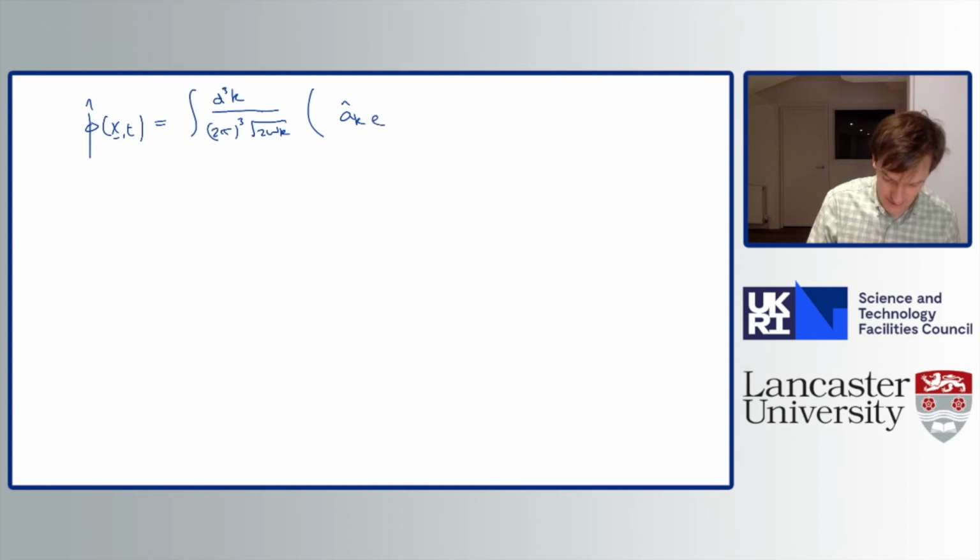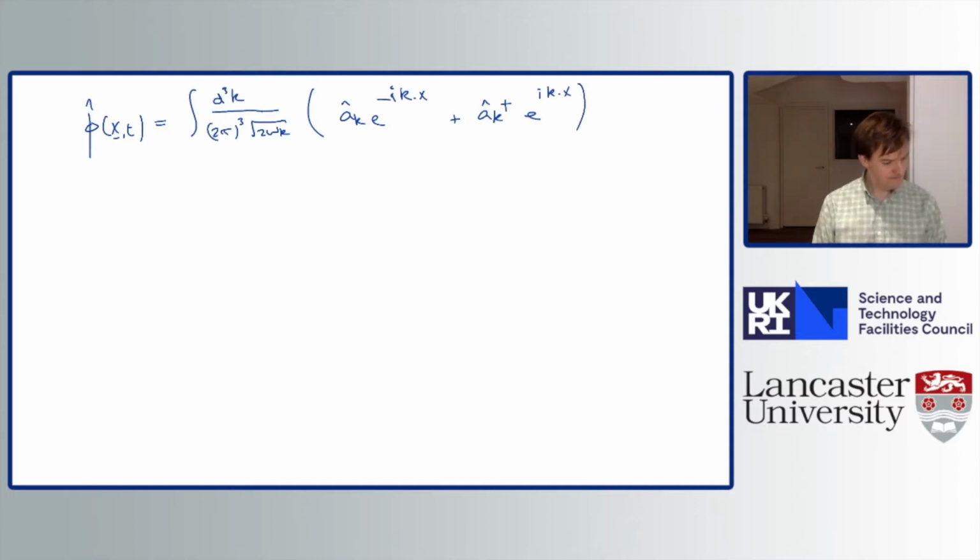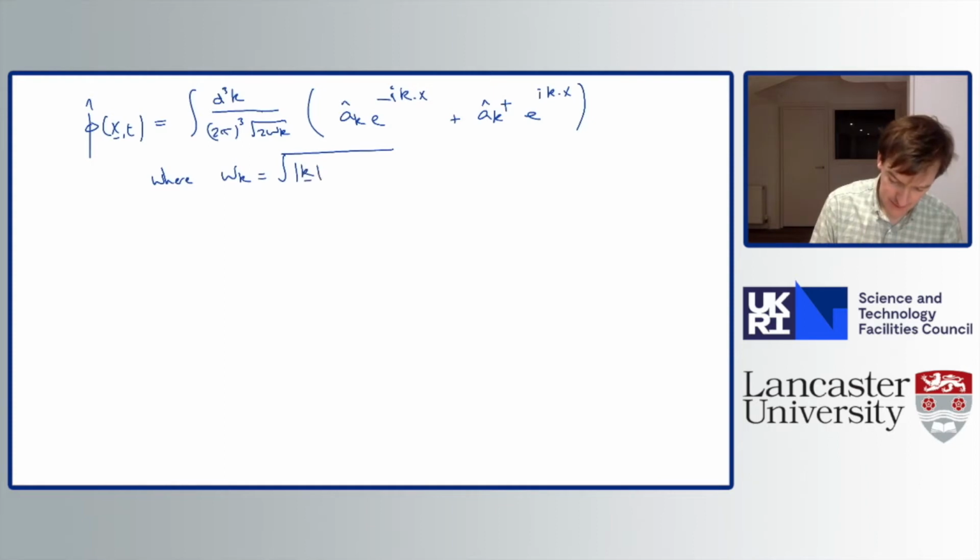Okay, that's our lowering operator, with minus i k·x in the exponent, the 4-vector dot product, plus the raising operator, with plus i k·x. And I suppose I should define what omega k is. We're taking omega k to be the square root of k squared plus m squared.